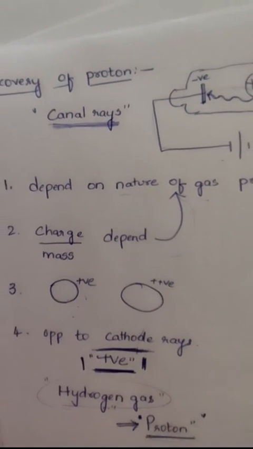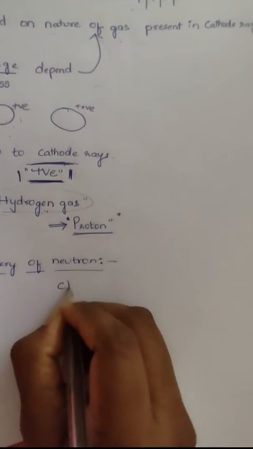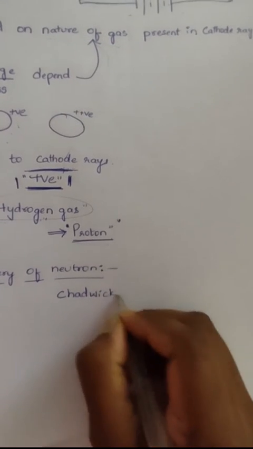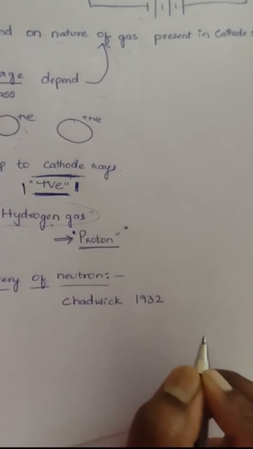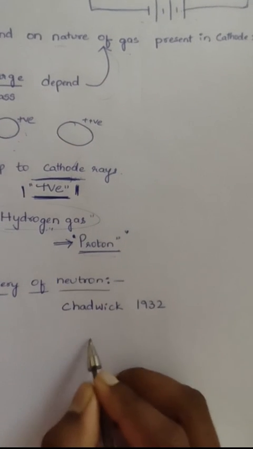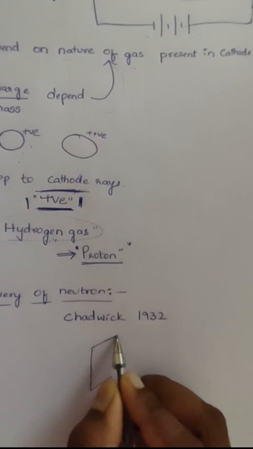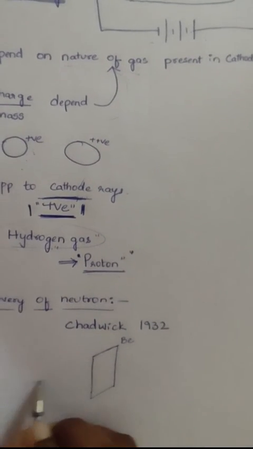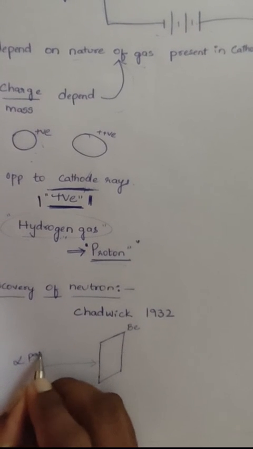Next one, discovery of neutron. Chadwick in the year 1932 discovered the neutron. He was doing experiments at the time. He took a thin sheet of beryllium and bombarded it with alpha particles.